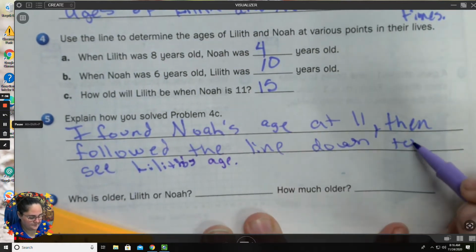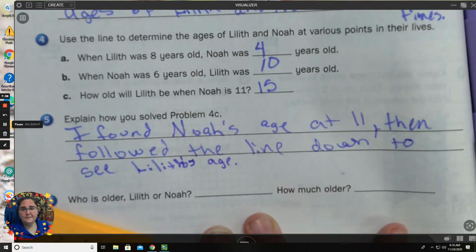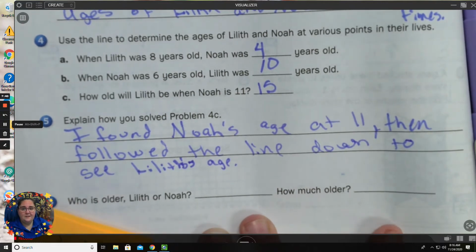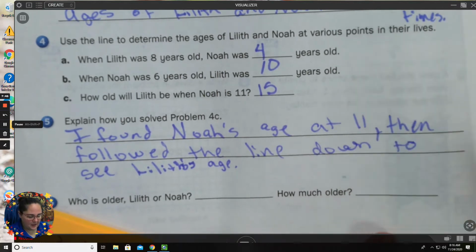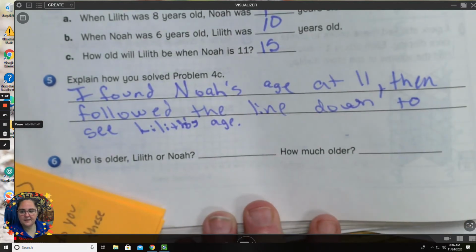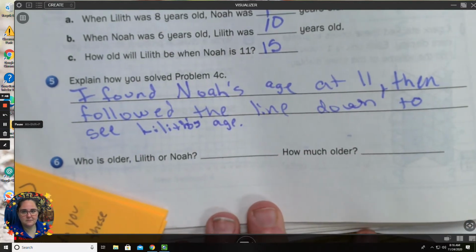Basically, that's what I did. I followed the line from over for when he was 11, found where it met, went down to find Lilith's age. Who is older, Lilith or Noah?